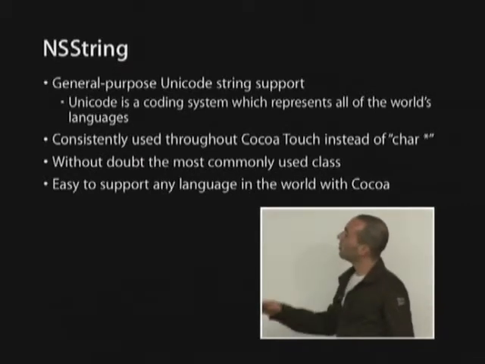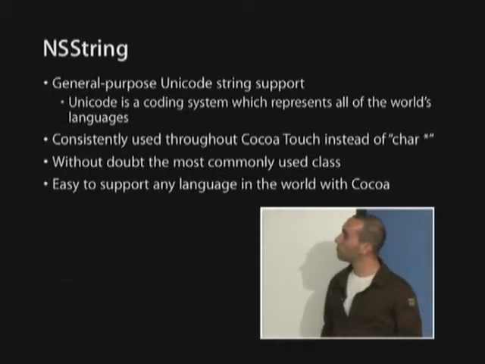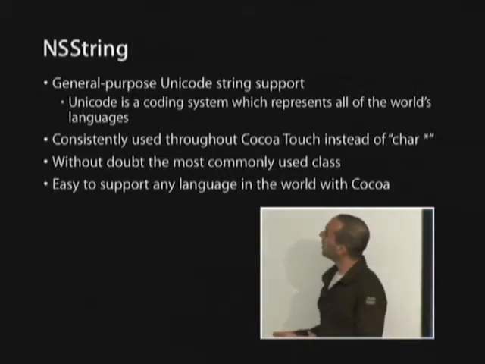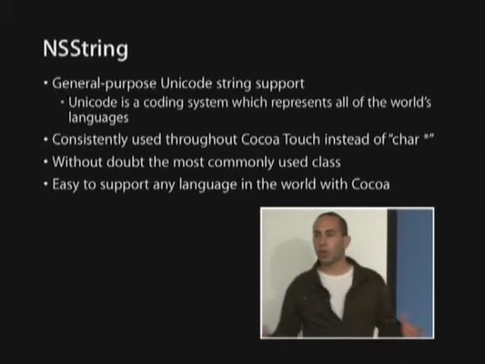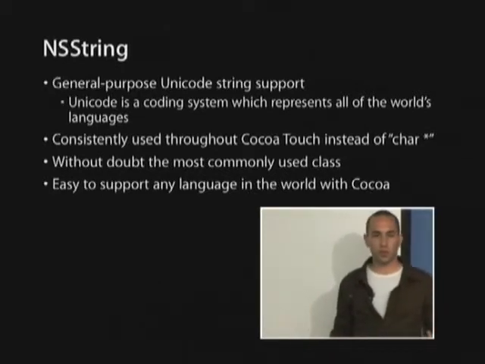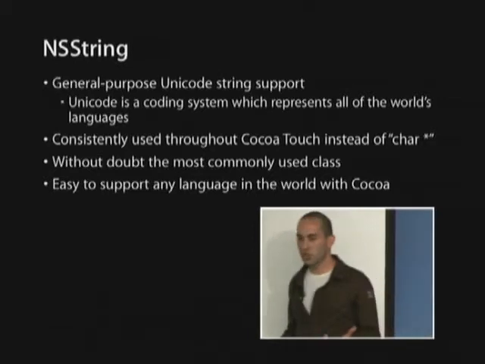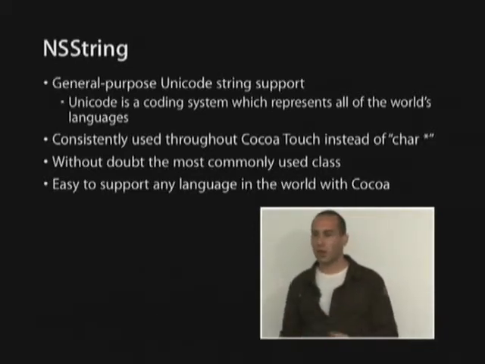But you'll see you're going to use that instead of char star. And without a doubt, it's everywhere in the application, especially since the system uses it all over the place. If you ever look at your memory allocations, there's a program called Instruments that you run alongside to see the performance of your app. NSString is just through the roof. And a lot of that's not even stuff you're allocating. It's just done under the hood.